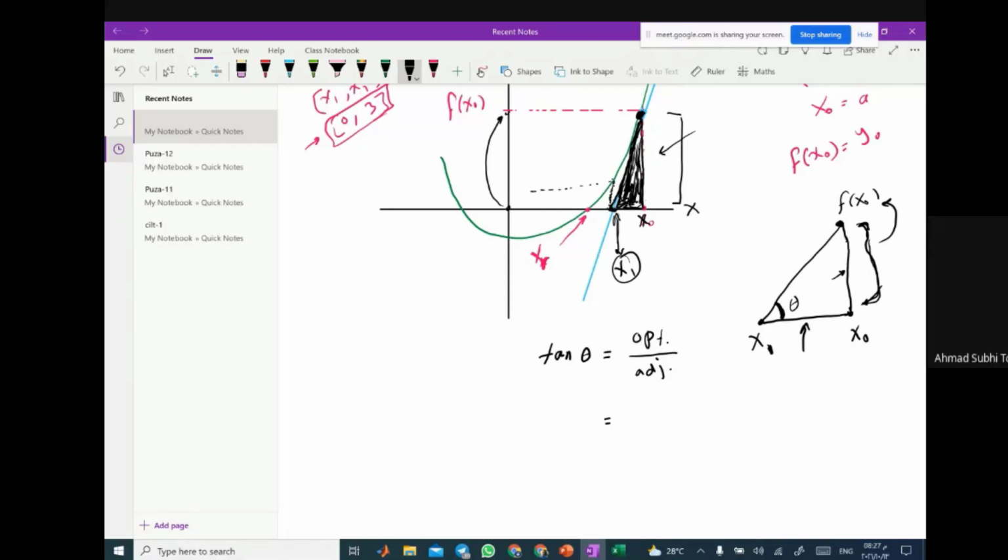Can you repeat that, please? What I mean is the opposite line, this is f of x naught. The length of this line is equal to f of x naught.